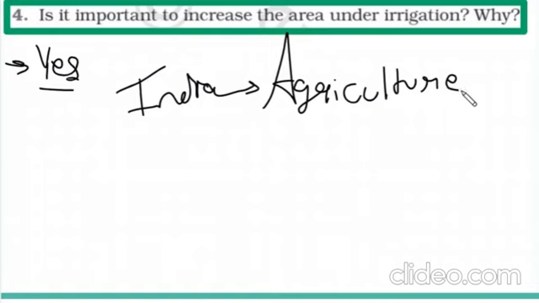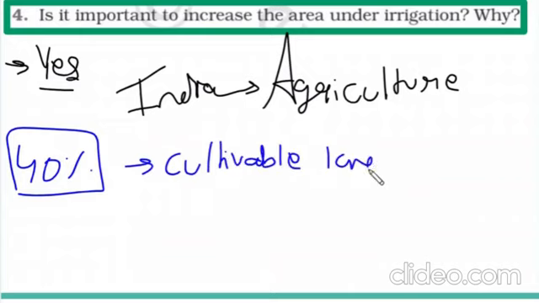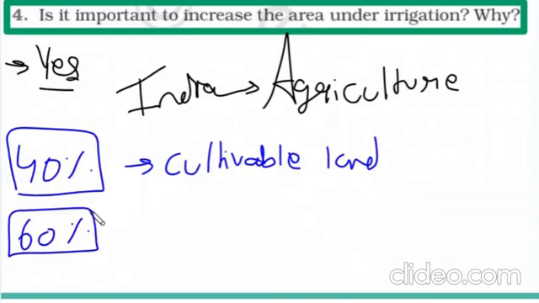But in India, only 40% of the land is cultivable land where irrigation is proper, and the remaining 60% of the farmers are dependent on monsoon. They depend on the rain.